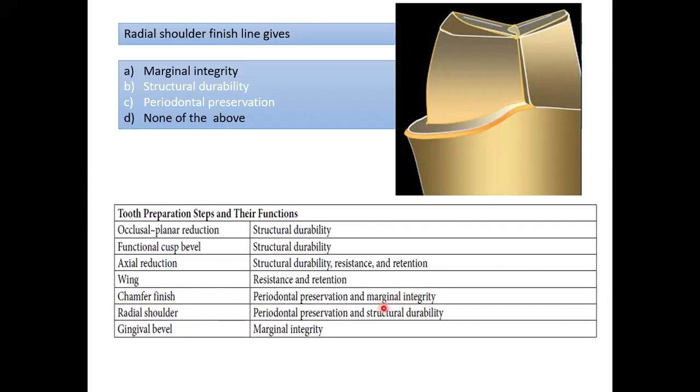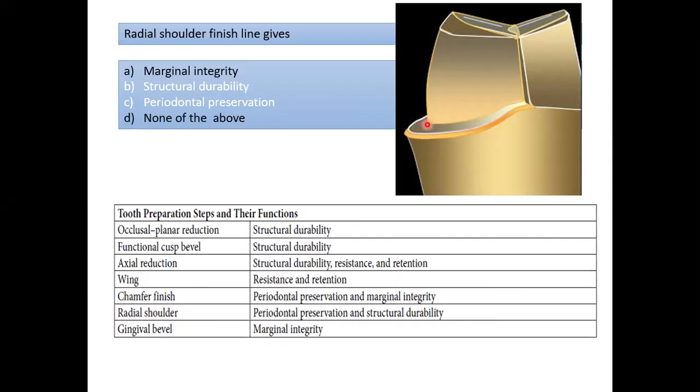Okay, when they say it is a radial shoulder or a shoulder, it is mainly for structural durability, because you give this radial shoulder kind of finish line for your all ceramic preparation, where the amount of preparation is more when you compare with your normal chamfer kind of preparation. By giving more space, you are giving durability to the structure that is going to replace this region.